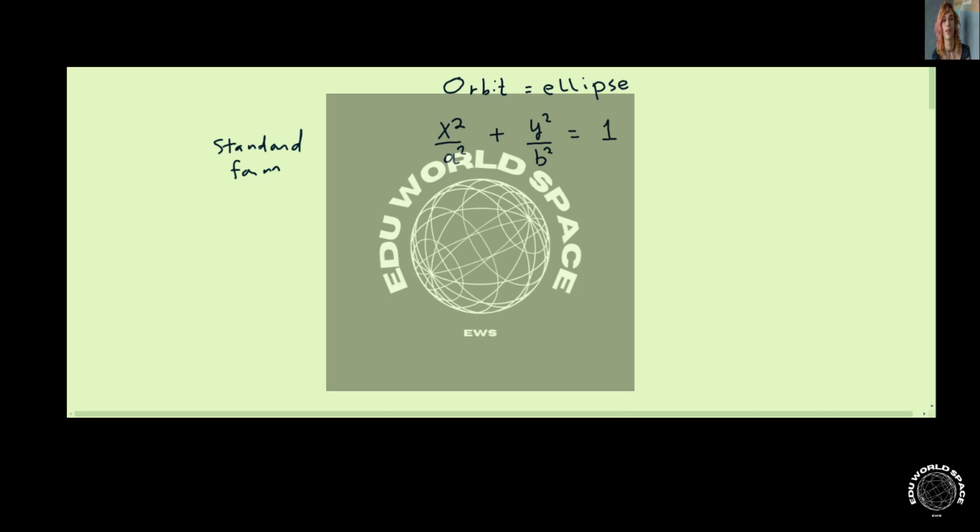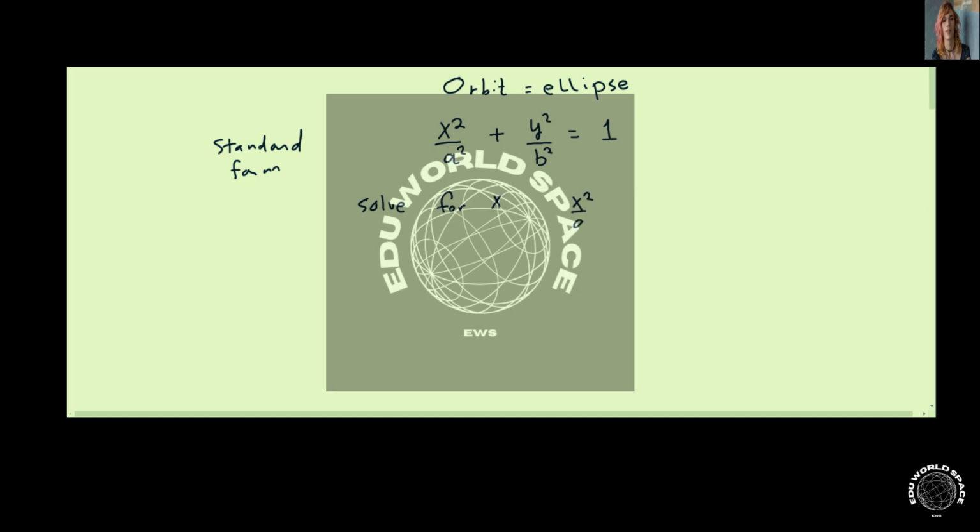And so we can rearrange this equation. What we're going to be doing is solving for one of the variables, let's say x. And that's fairly easy to do with some algebra.